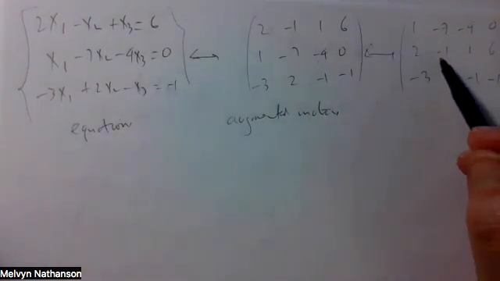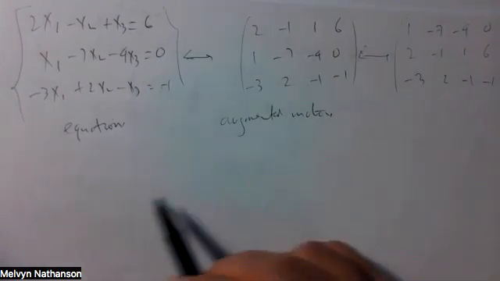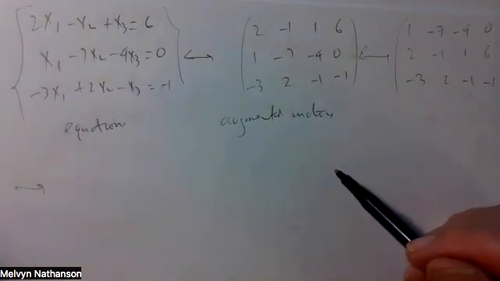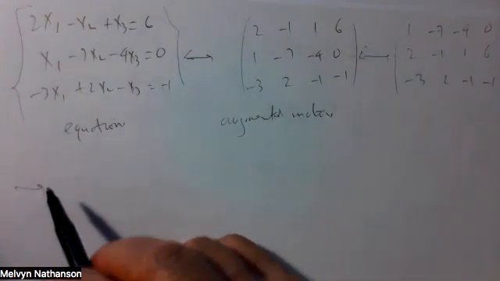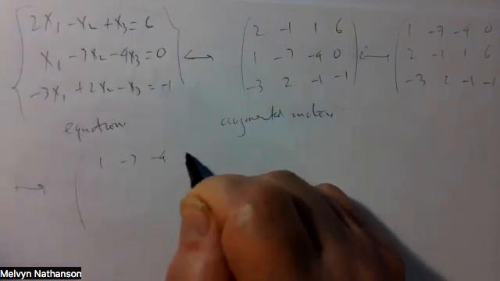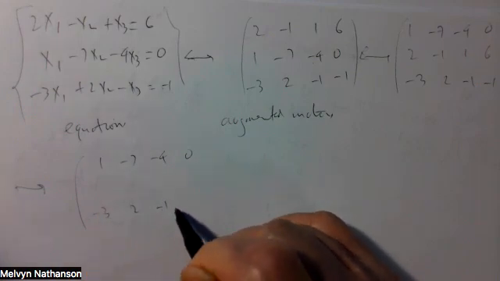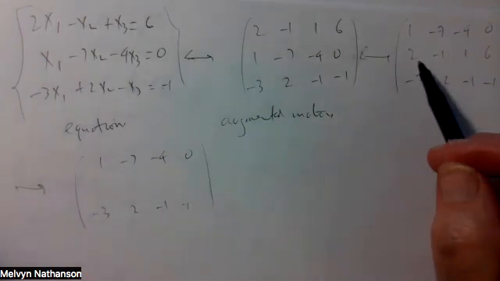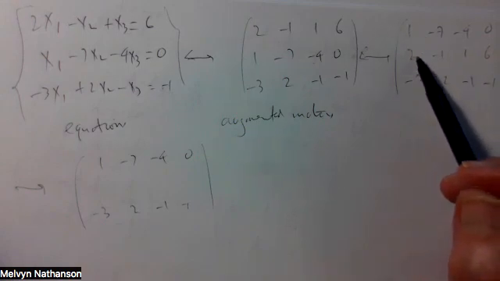So this is an interchange of rows 1 and 2. Then I want to get a 0 here and a 0 here. So let me do it step by step. The first row I'm not changing now. The third row I'm not changing now.